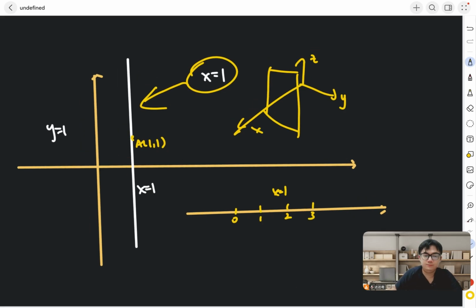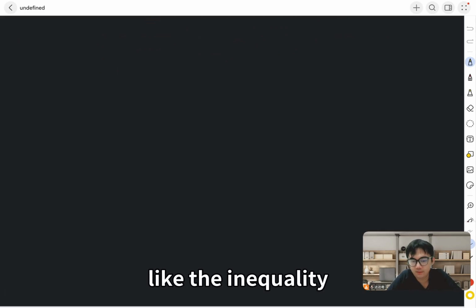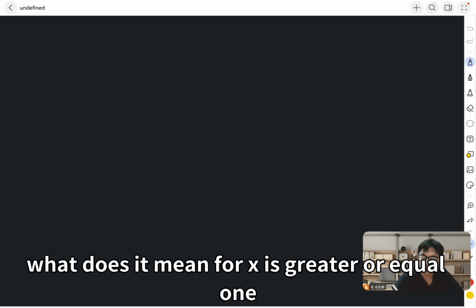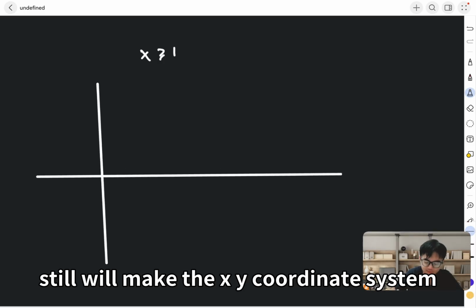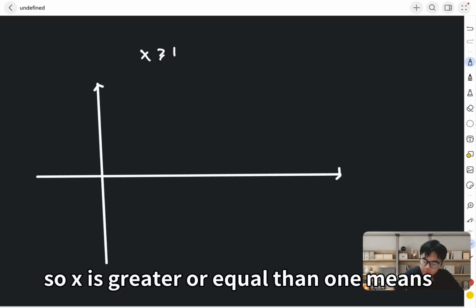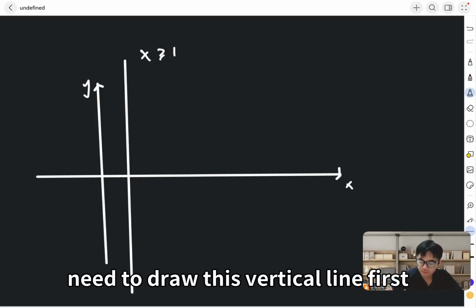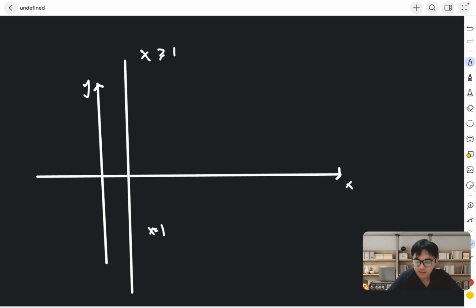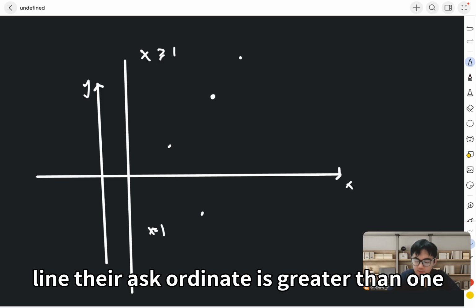And we need to talk about something more, like inequalities. What does it mean for x to be greater than or equal to 1? Still we make the xy coordinate system. x greater than or equal to 1 means you draw this vertical line first, and every point on the right side of the line has an x coordinate greater than 1.